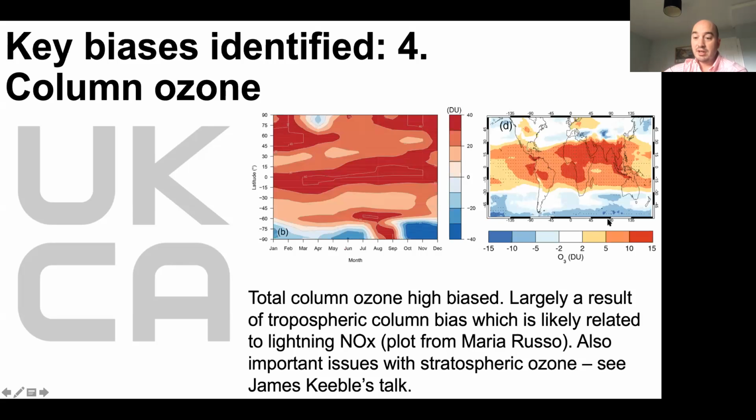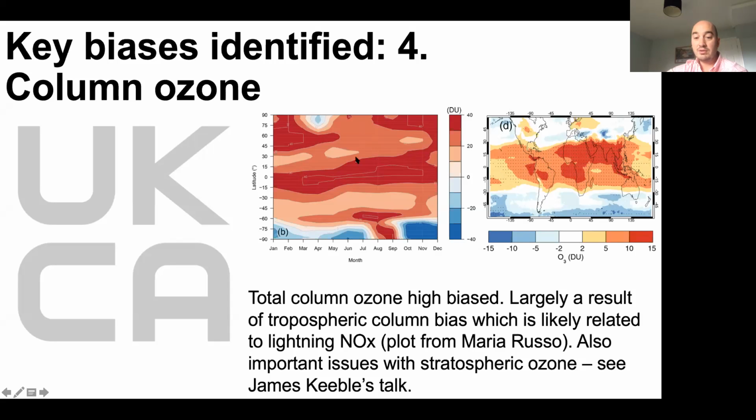And then Maria Russo has talked about this in her talk as well, but effectively we know that the tropospheric ozone column is high biased, particularly over the tropics, on the order of 10 to 15 Dobson units.